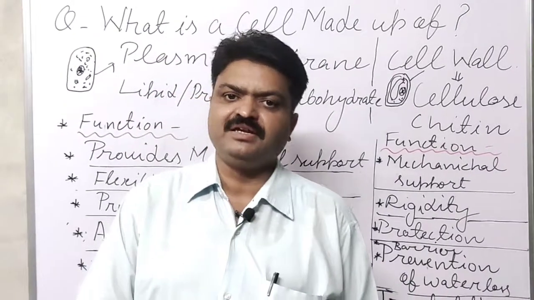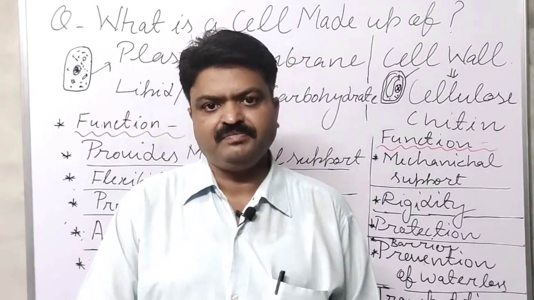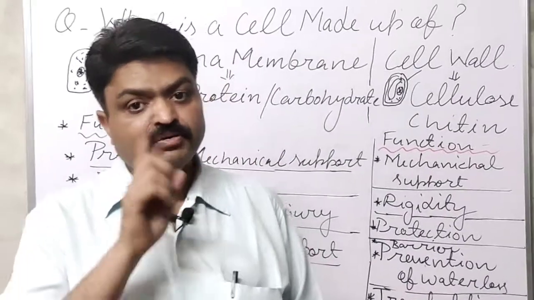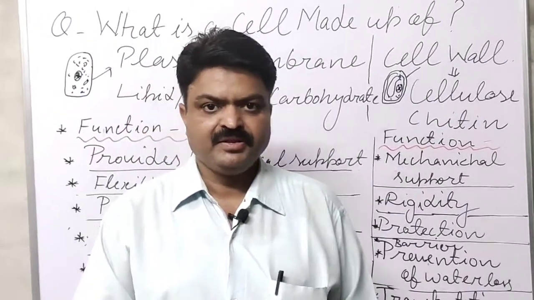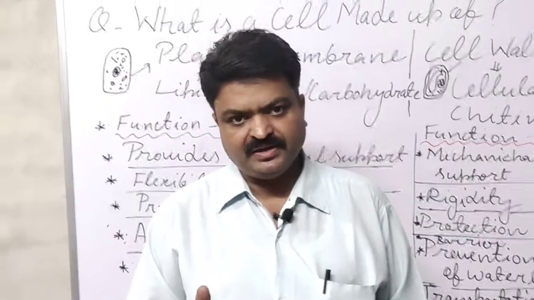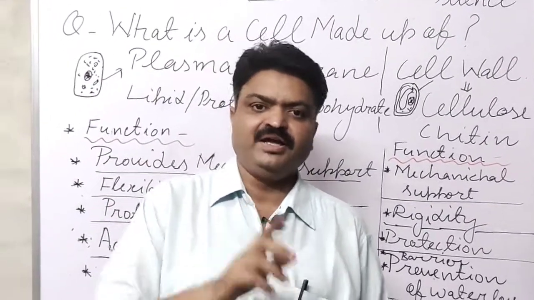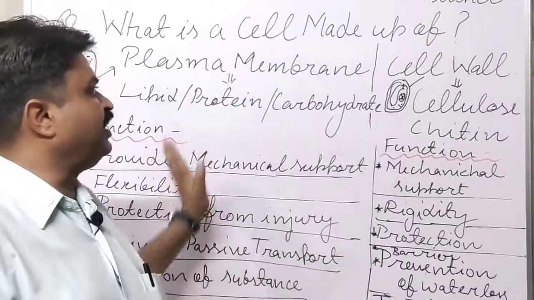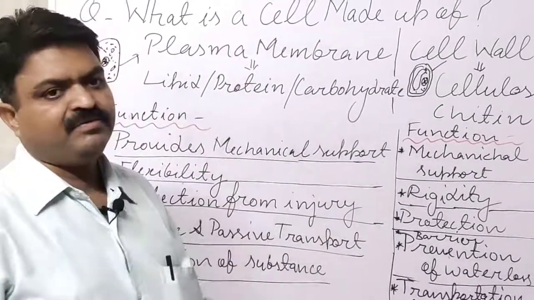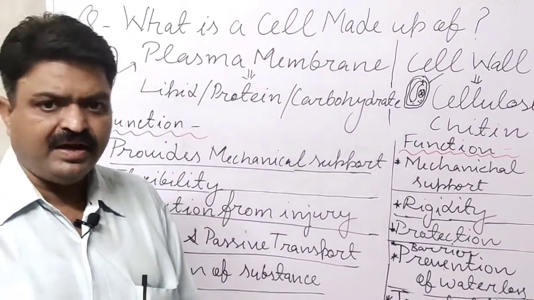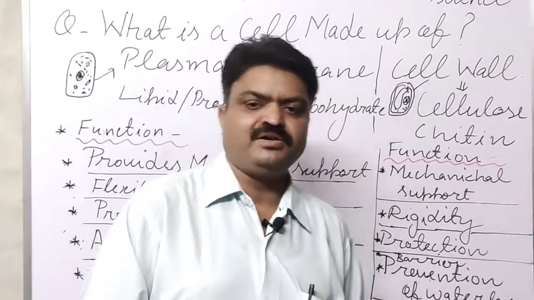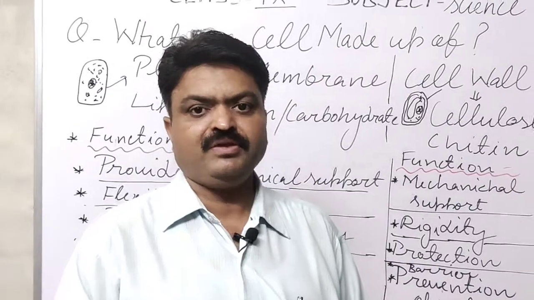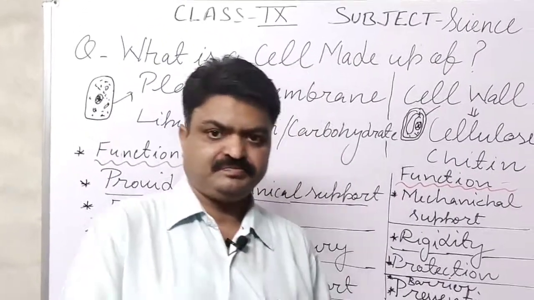That's why the cell membrane is known as a selectively permeable membrane, because it selects the material to enter or to exit. Means the substances enter inside the cell via plasma membrane, or they are removed from the cell via plasma membrane. And the processes that are involved in that student are known as diffusion and osmosis.